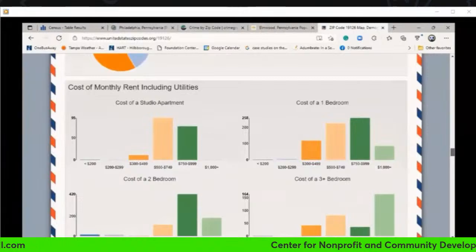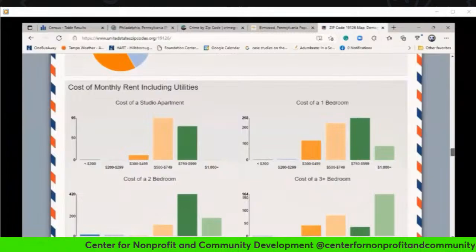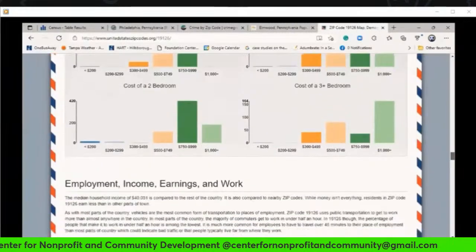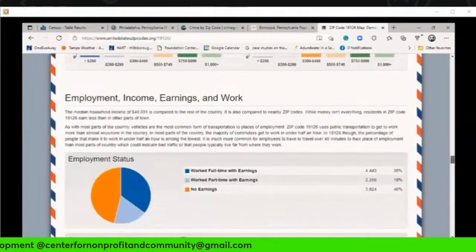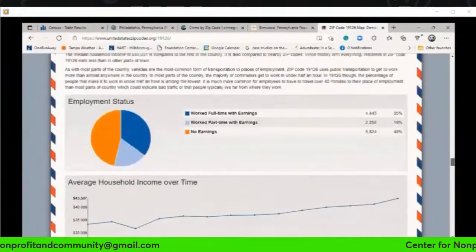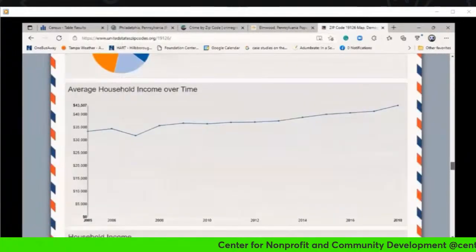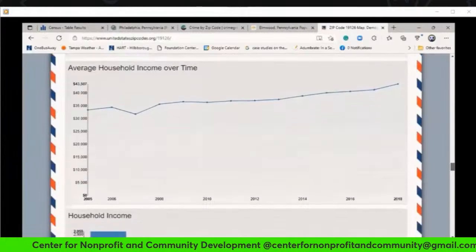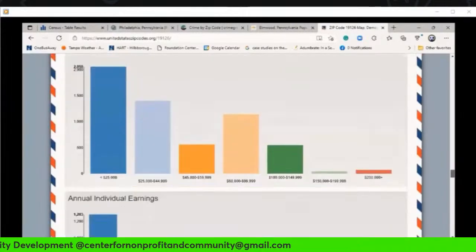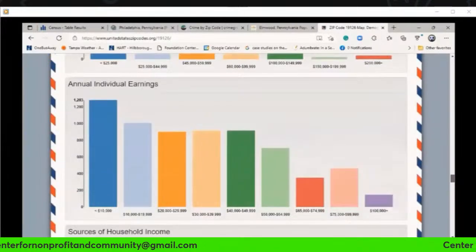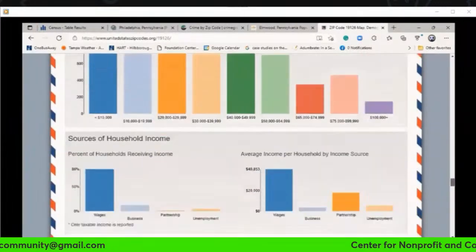You can also determine the cost of monthly rent, including utilities in your particular zip code. You can look at income, employment, earnings, and work in your neighborhood. For example, you can look at employment status, average household income over time, household income, annual individual earnings.